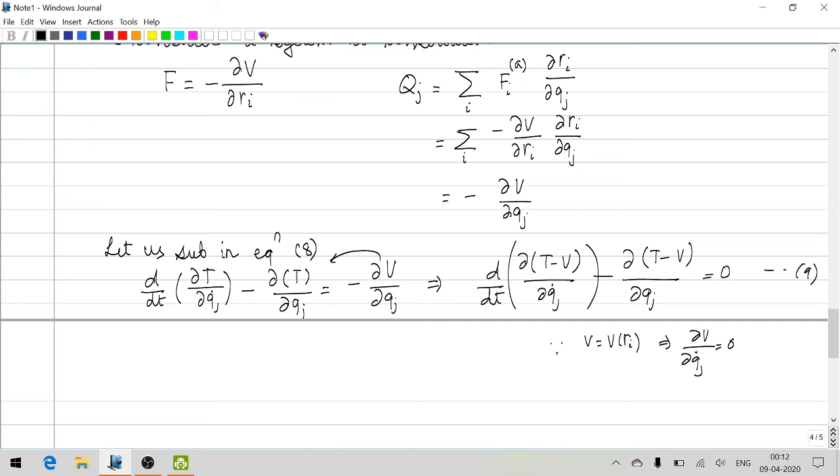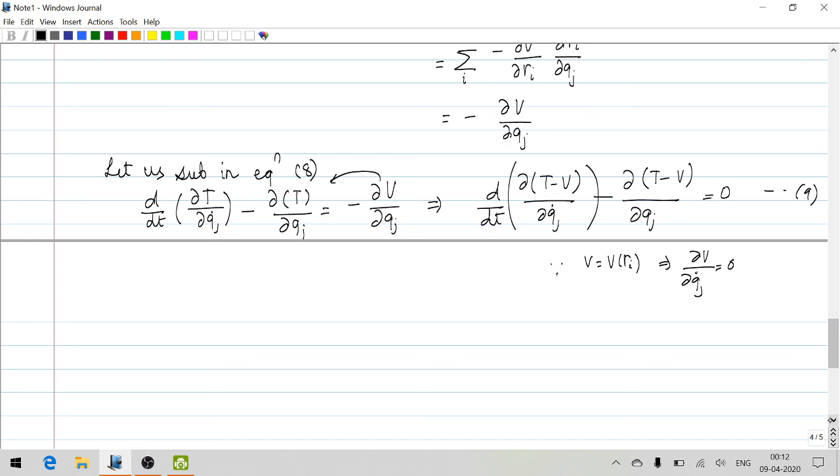So now, let us define a term L. This is the Lagrangian, which is equal to T minus V. Rather, more explicitly, T is a function of q comma q dot, and V is only a function of q naught. So this is equation 10.